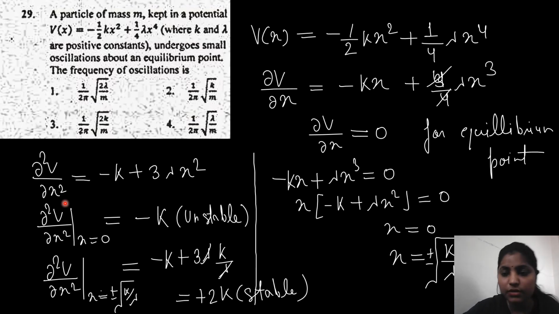Just remember that in the formula you need to put the value of del 2V over del x square for the stable point. So we have to find the stable point. Differentiate it, del V over del x, and find the equilibrium points, which are x equal to 0 and x equal to plus minus under root k upon lambda.